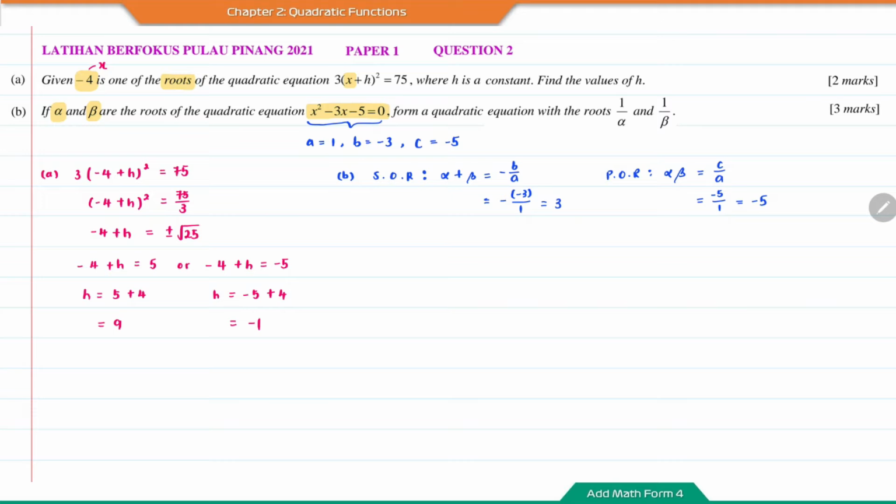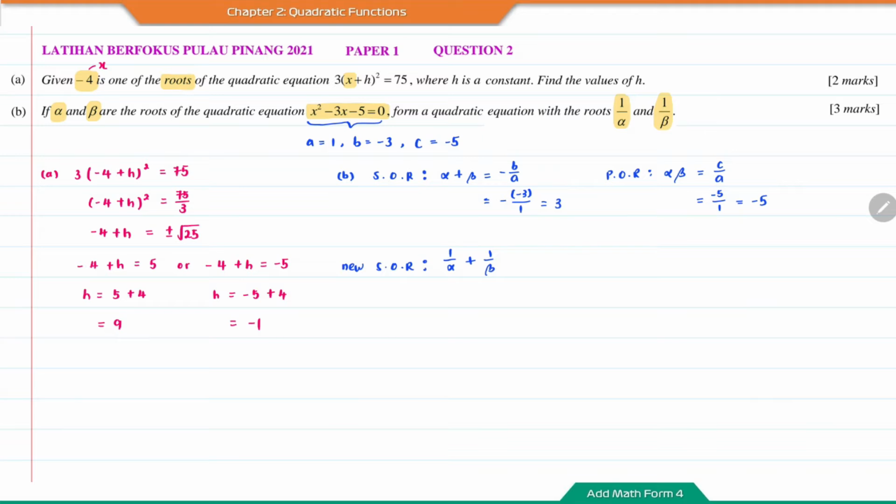So now we want to form a quadratic equation with the roots of 1 over alpha and 1 over beta. So first, we want to find the new sum of roots using 1 over alpha and 1 over beta. So it's going to be 1 over alpha plus 1 over beta.